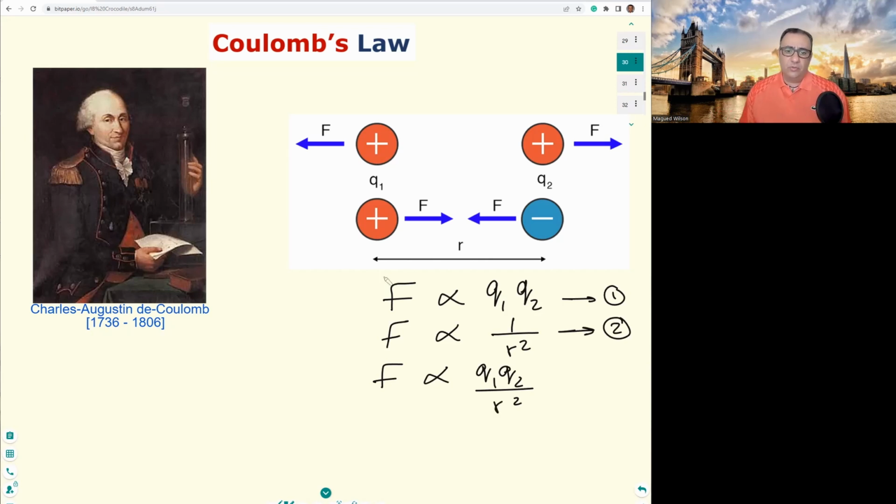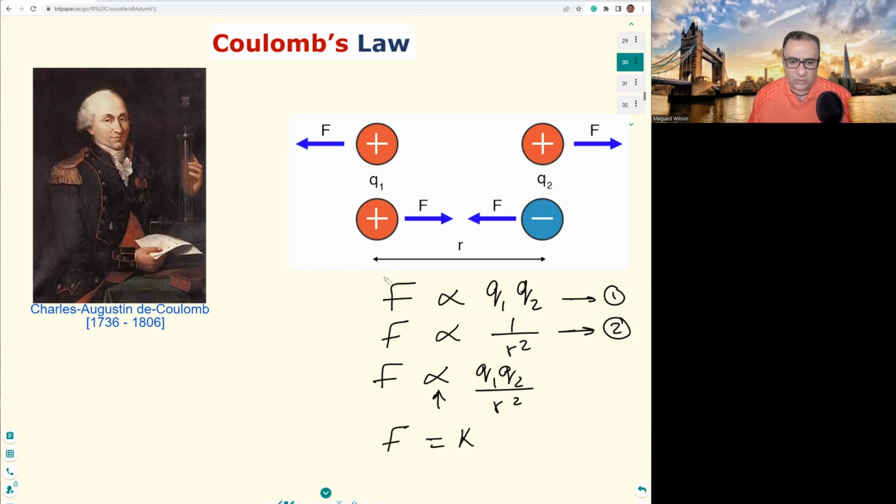And then we can replace mathematically the proportionality symbol with an equal sign, but then you need to multiply by a constant, which is the constant of proportionality, right? So this constant is going to be K, and it is called Coulomb's constant.